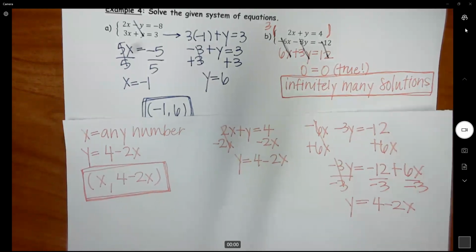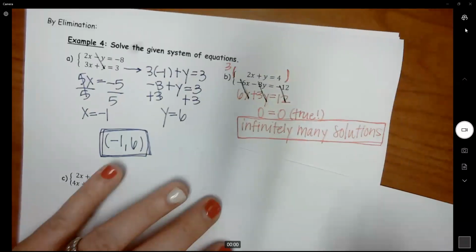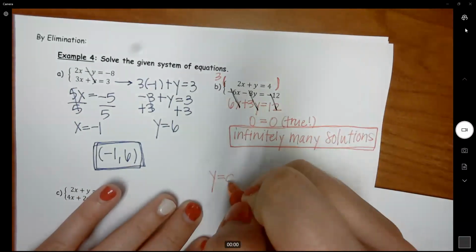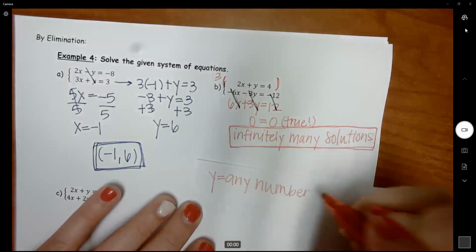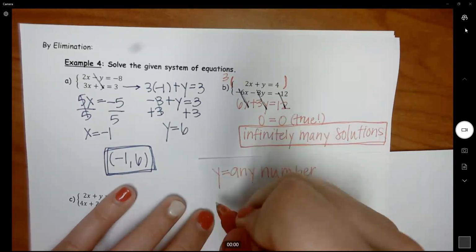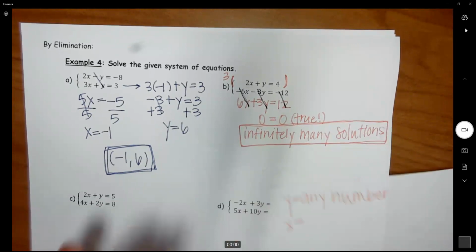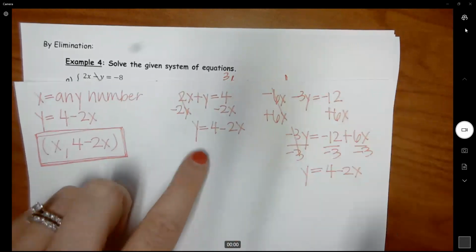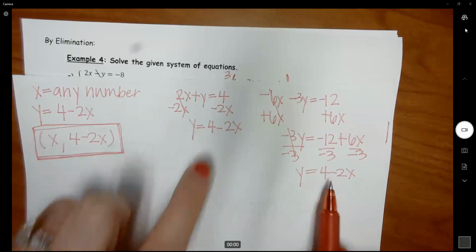So then likewise, if they say that y is any number, then that means we need to solve for x. Just like here, when I solve for y, it doesn't matter what equation I pick, I'm going to get the same thing.